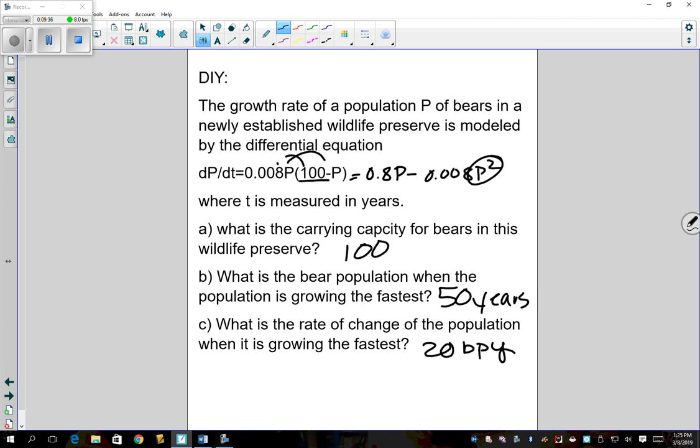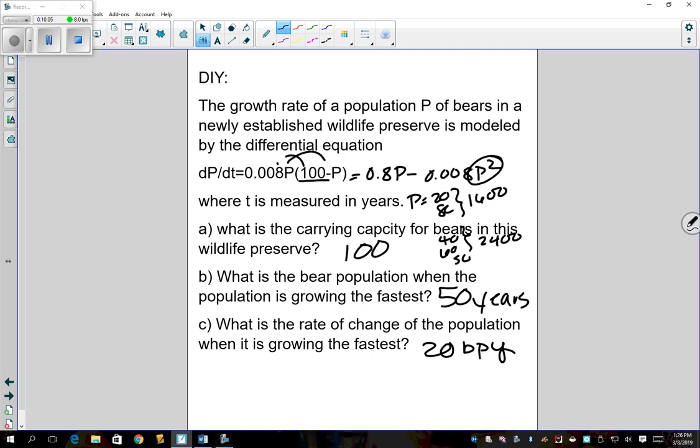And so when we're thinking about squares, we can test a few numbers. Let's say P was 20, and so 100 minus P would be 80. And this product, 20 times 80, gives me 1,600. And as I go up, if I choose 40, then 100 minus 40 is 60. We get 40 times 60 is 2,400.